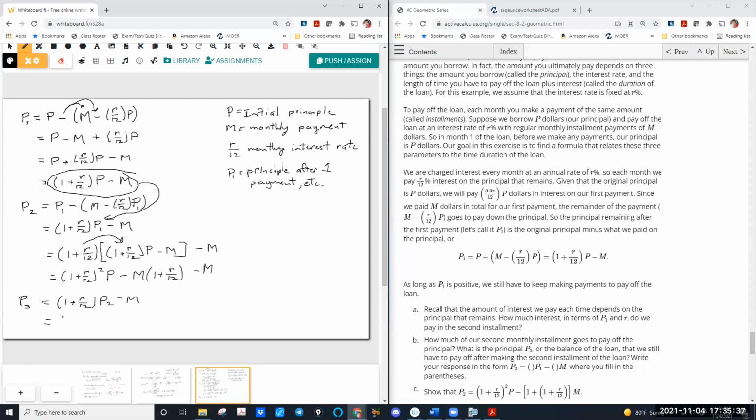And what that ends up looking like is, you take this line here and sub it in for your P2: 1 plus R over 12 cubed times the principal.